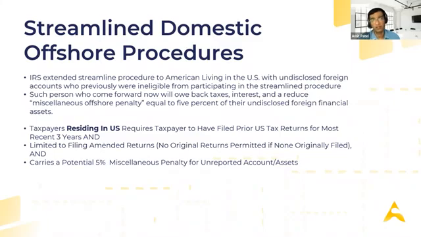Okay, let's discuss the streamlined domestic offshore procedure. As we saw on a previous slide, there are two procedures: the streamlined domestic offshore procedure and the streamlined foreign offshore procedure, depending upon where you are living. The IRS has extended this streamlined procedure to Americans living in the US with undisclosed foreign accounts who previously were ineligible.